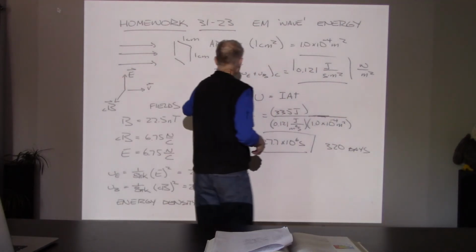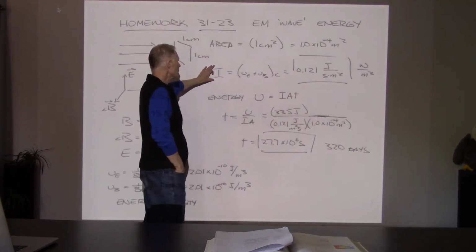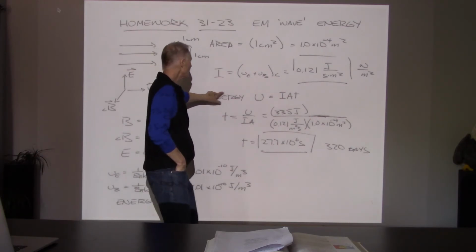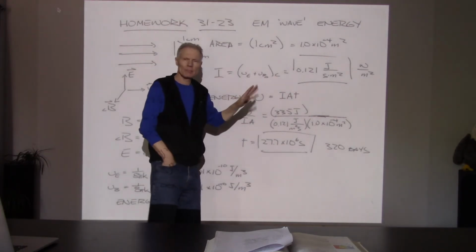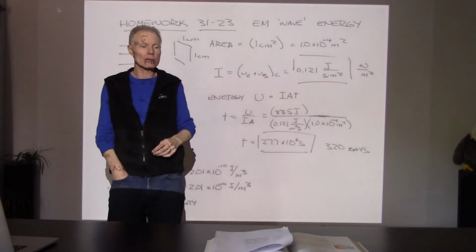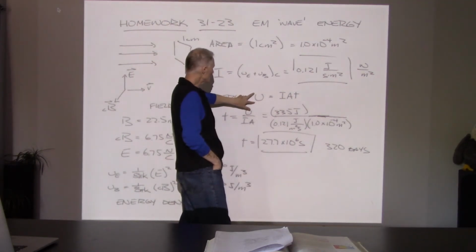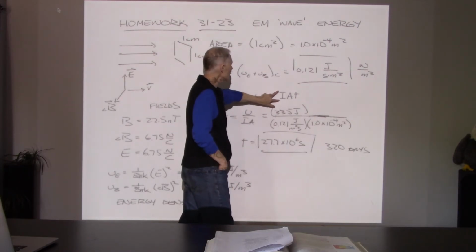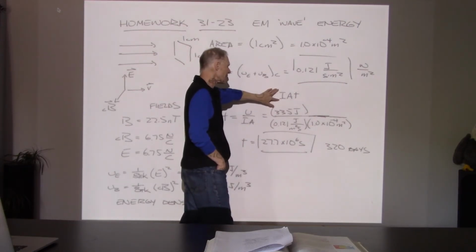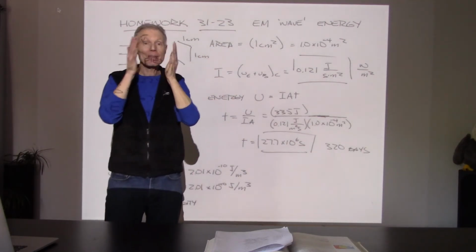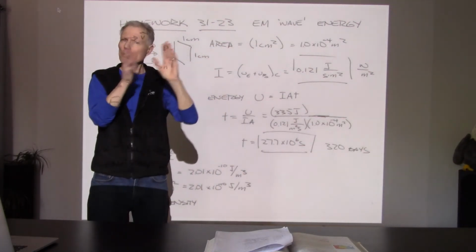Well, if this is intensity, I can calculate the energy, and I've used U here so it doesn't get mixed up with E for electric field. So the energy is going to be the intensity. That's not current, that's intensity. Oh no, we don't have enough letters. Okay, the I's here are intensity, not current.